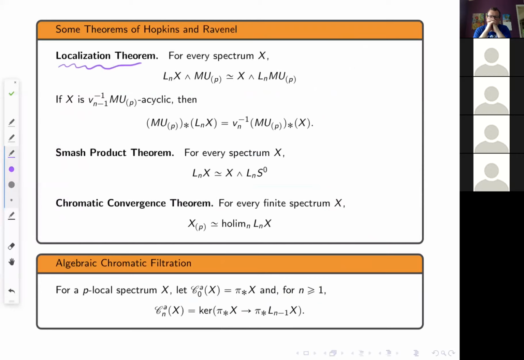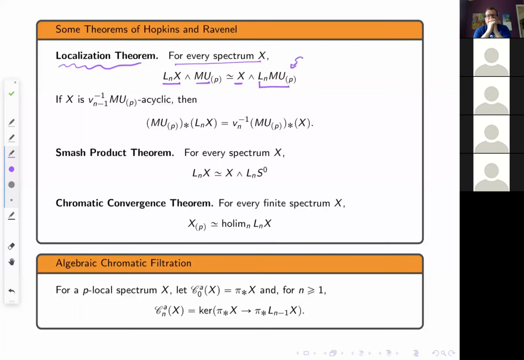First of all, I couldn't state the localization theorem without stating the whole thing, but here it goes. For every spectrum X, if you look at Ln of X and smash it with MUP, that's the same as taking X and smashing with Ln of MUP. So for X, it's like doing stuff to MUP really.